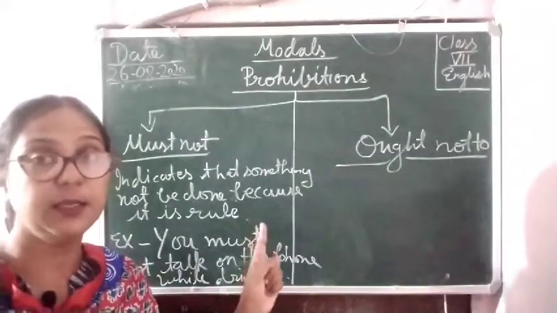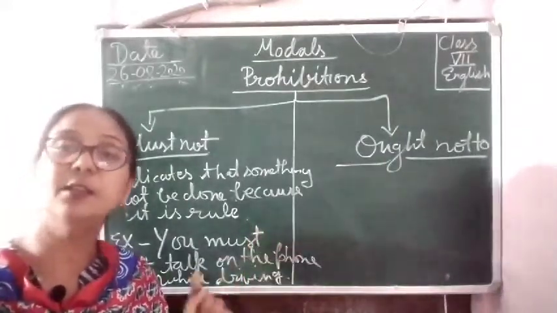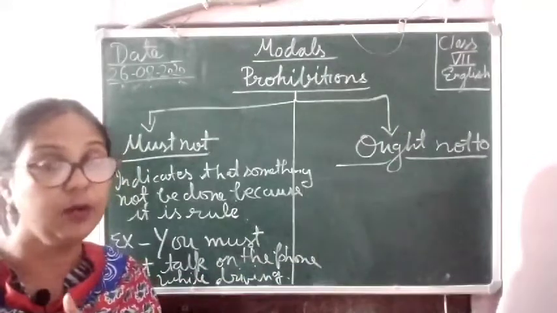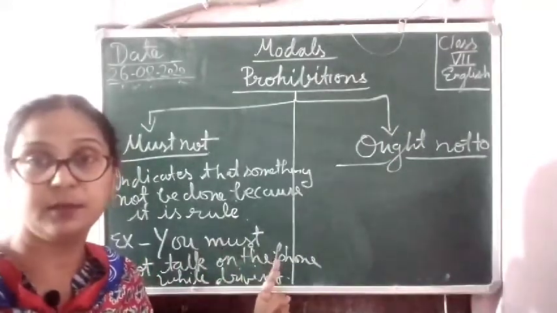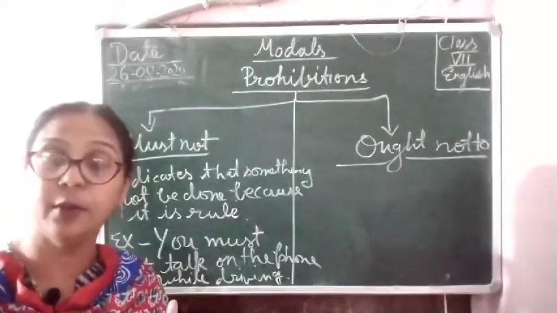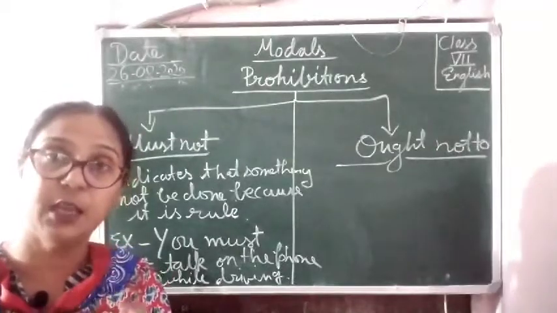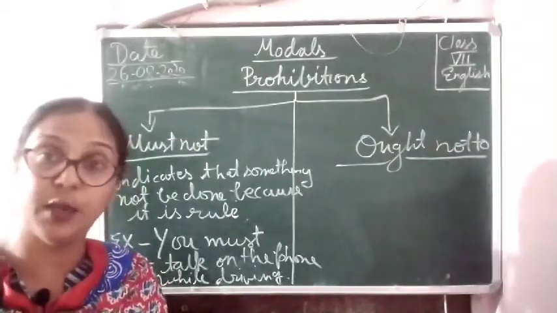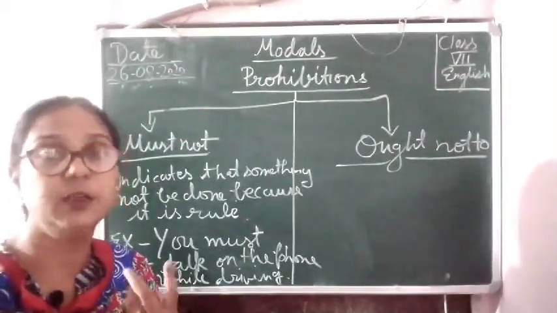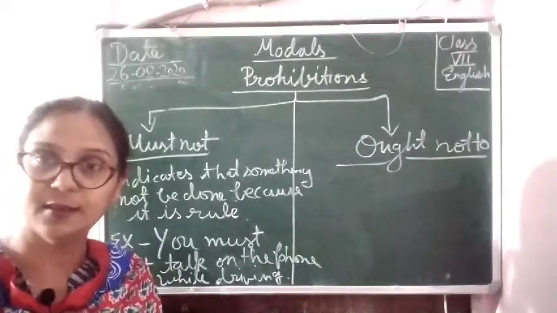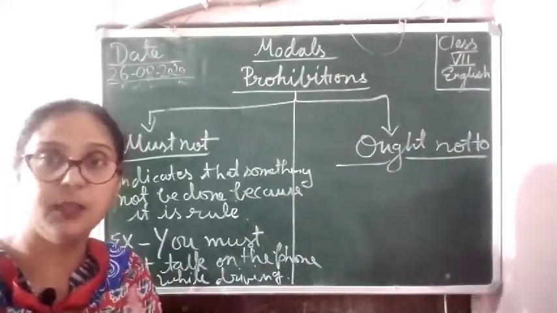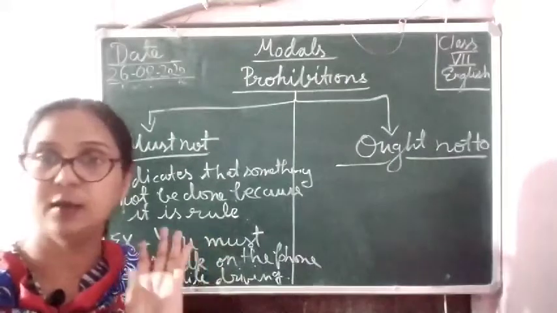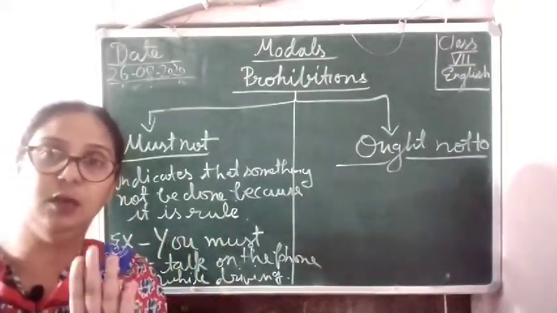But ethically or morally it is wrong that you are not following those rules. Because if you are not taking care of your parents, it is ethically or morally wrong. But if you are not doing it, there is no supreme power to tell you that you have to do this.